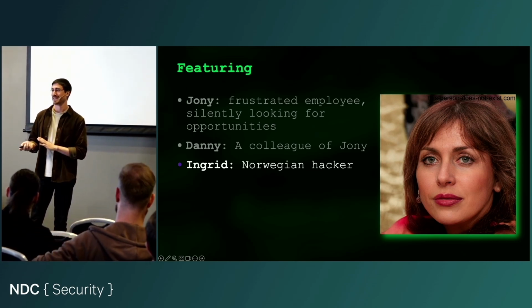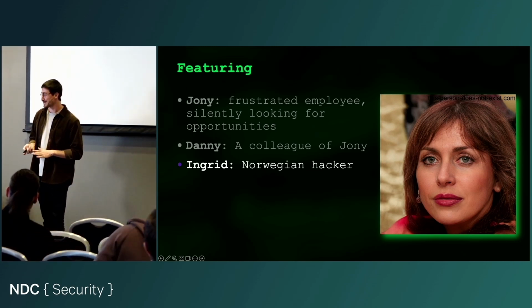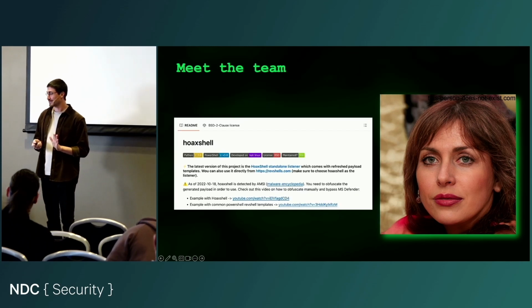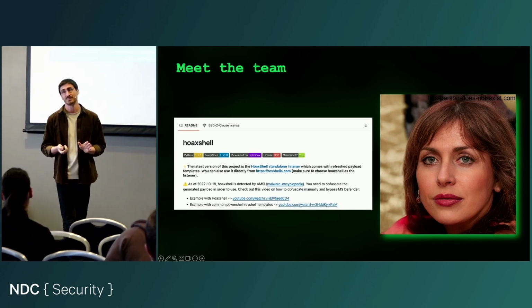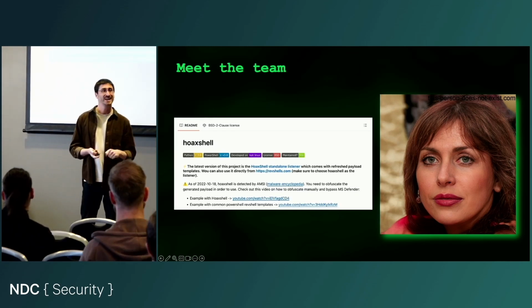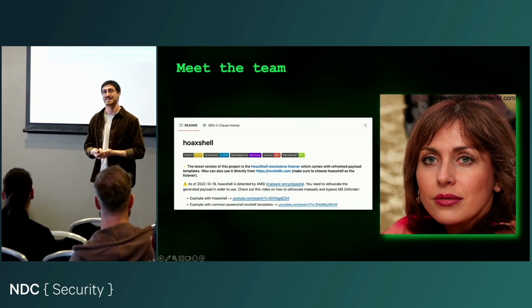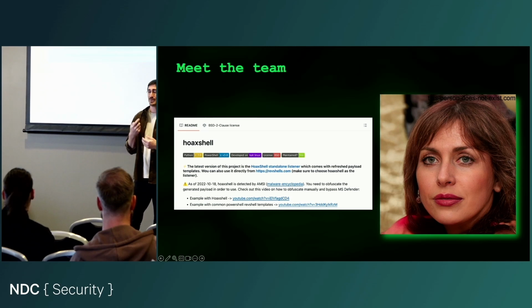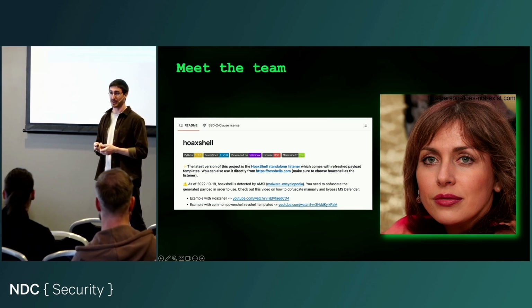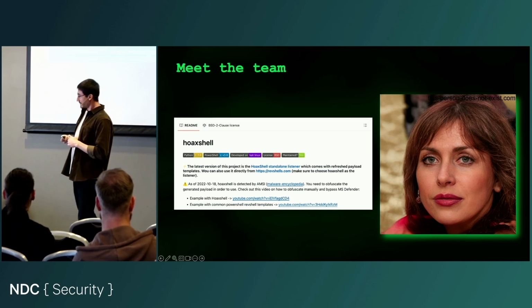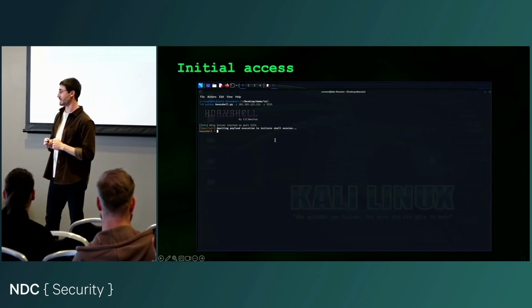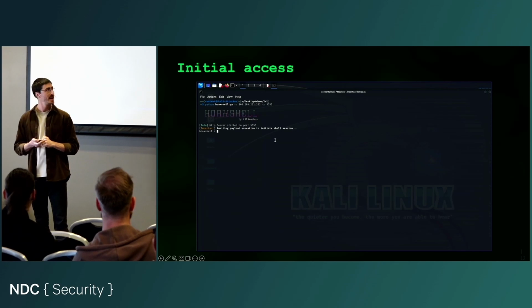I will soon explain what reverse shells are for those of you who don't know, but very easily she gets to this GitHub project called Hoax Shell. It's available, everyone can get there and download a Python-based reverse shell. Very easy to operate, and it is based on PowerShell. So that's great. Let's see how it works for her.